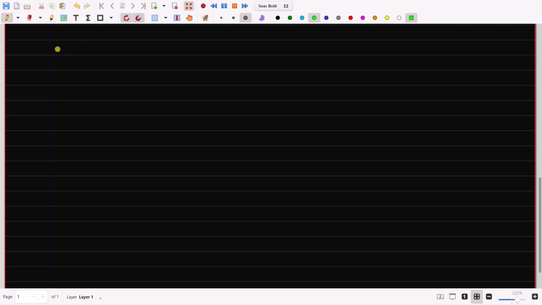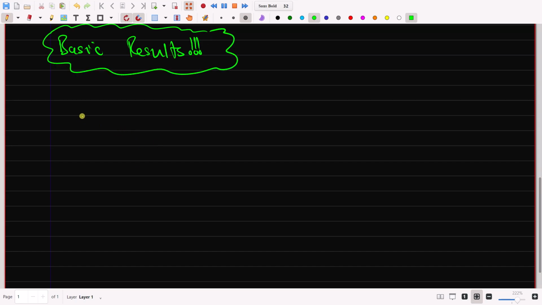We need to have the following basic results for integrating trigonometric functions. So we want to look at some basic results. The first basic result talks about how to integrate a function like sine.